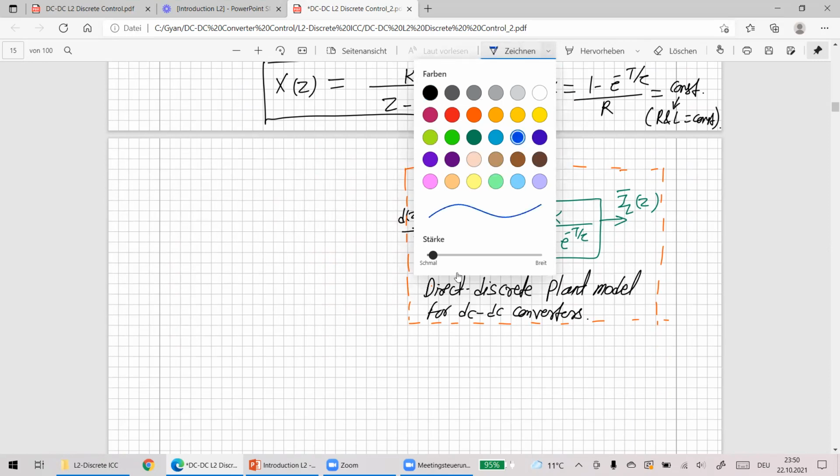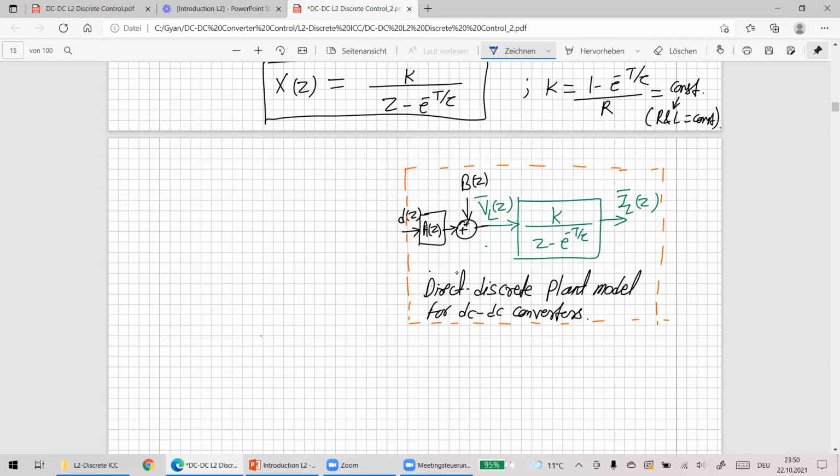Okay, now we want to design a controller, which is going to be very similar to what we did in the first lecture. For the controller, the first thing is we have the reference. Now the reference will be in discrete time domain, and then we subtract the feedback. We get the error, and then we have a PI controller. The PI controller will look like this.